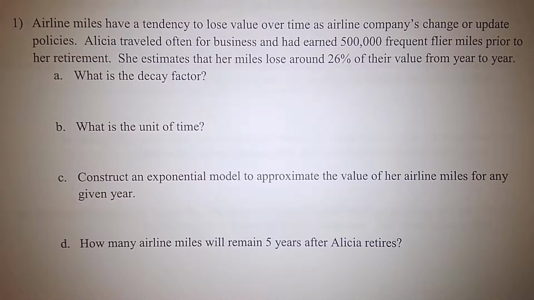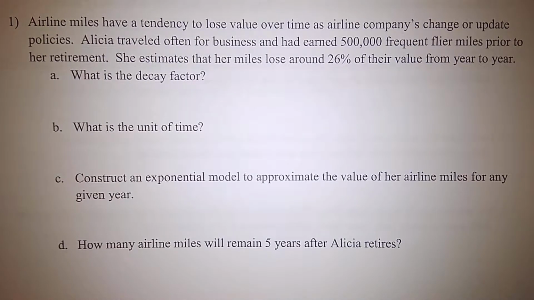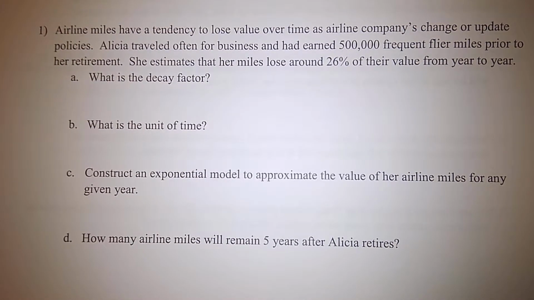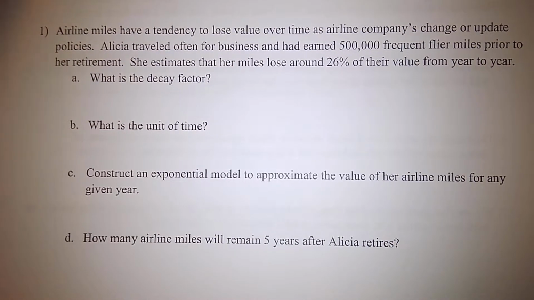Alicia traveled often for business and had earned 500,000 frequent flyer miles prior to her retirement. She estimates that her miles will lose around 26% of their value from year to year. What is the decay factor? What is the unit of time? Construct an exponential model to approximate the value of her airline miles for any given year. How many miles will remain 5 years after she retires? Okay, very good. Thanks. So let's try the questions.